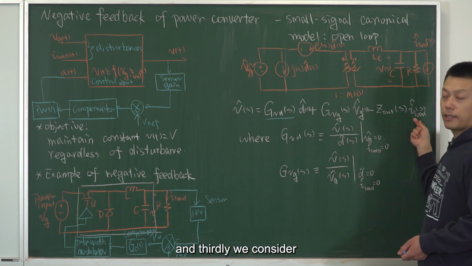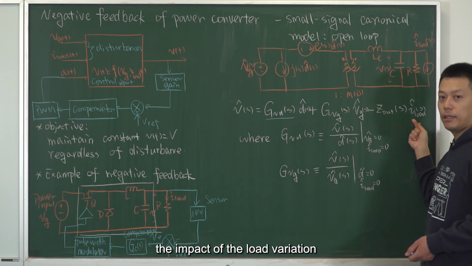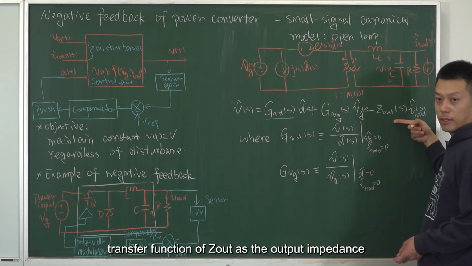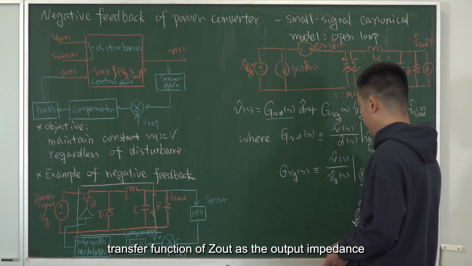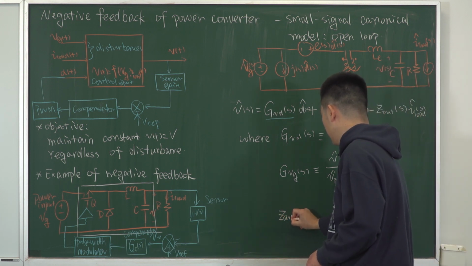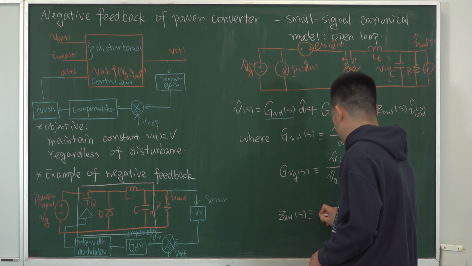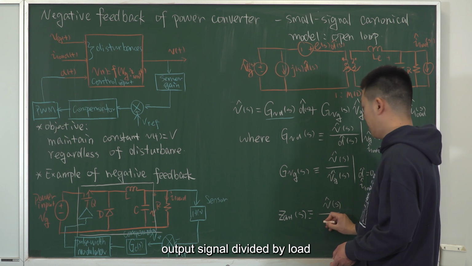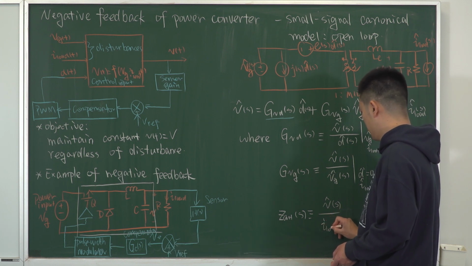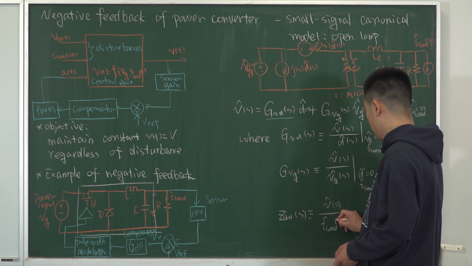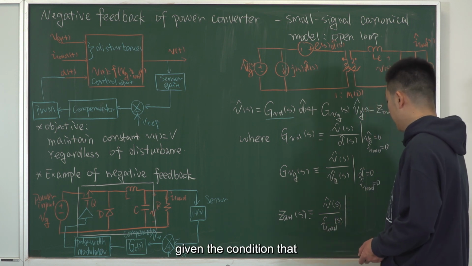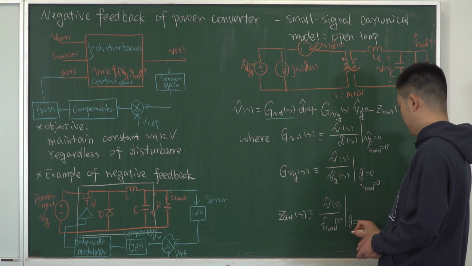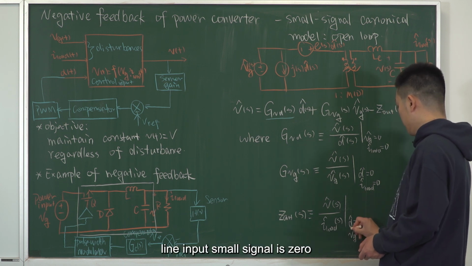And thirdly, we consider the impact of the load variation, so we have the transfer function Z out as the output impedance: output signal divided by load, given the condition that the controlling small signal is 0 and the line input small signal is 0.